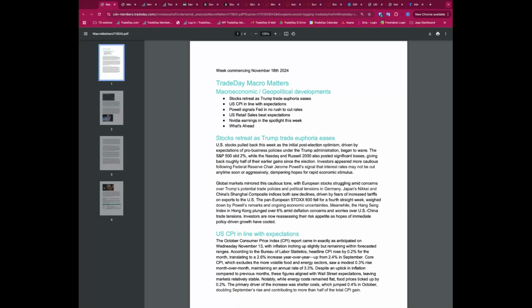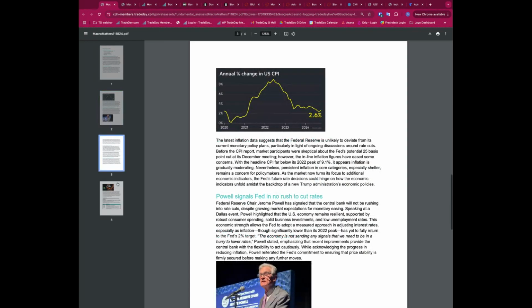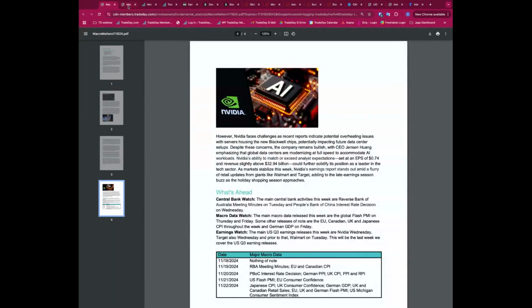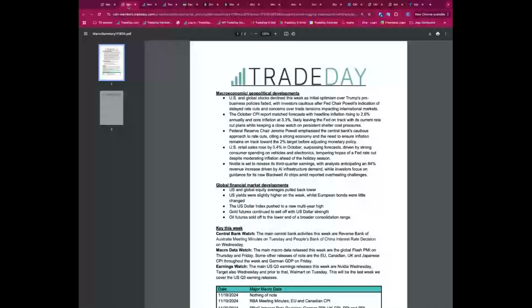You get daily technical analysis reports in there on the S&P, the NASDAQ, oil and gold. Then the second column is the weekly macro update, so the macro matters, which is the longer version that you see here, and then the shorter version, the macro summary, in the middle column. And in the third column on the right, we have the news service provided by LiveScoop, our news partners.